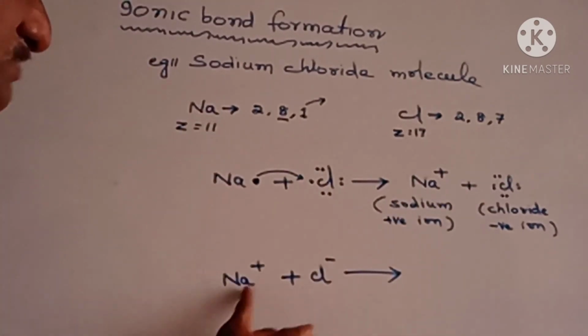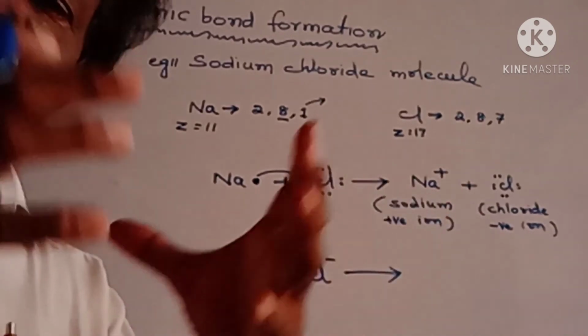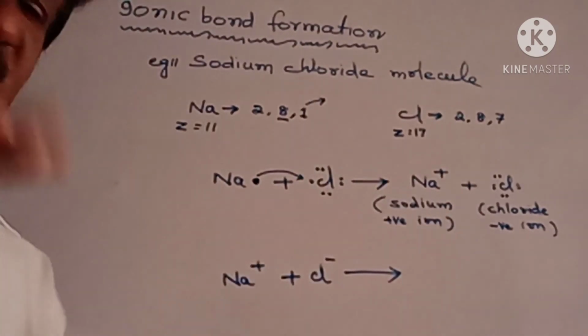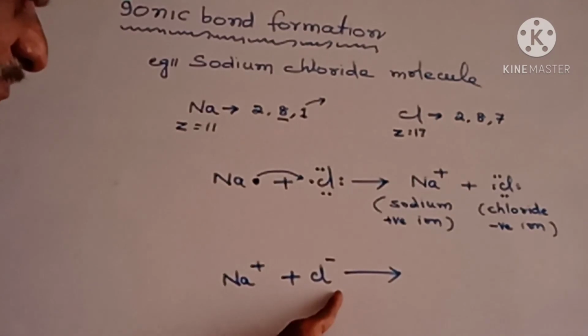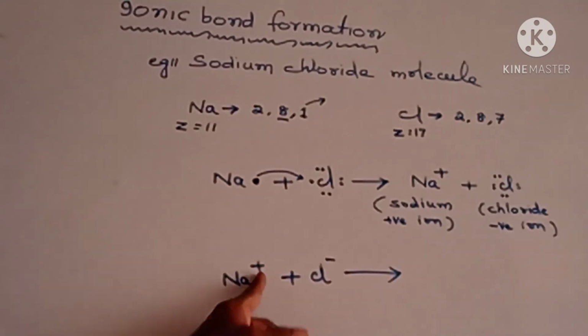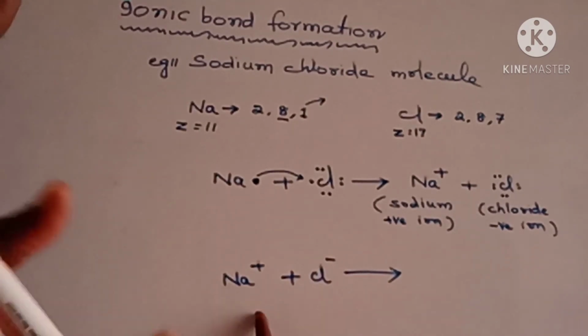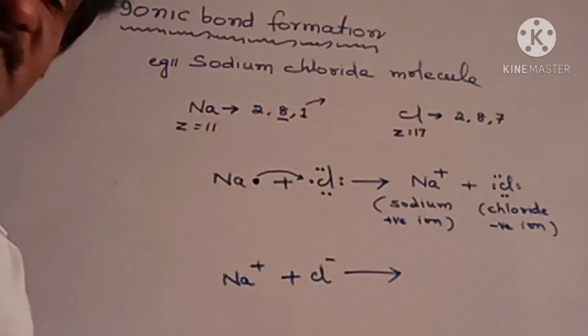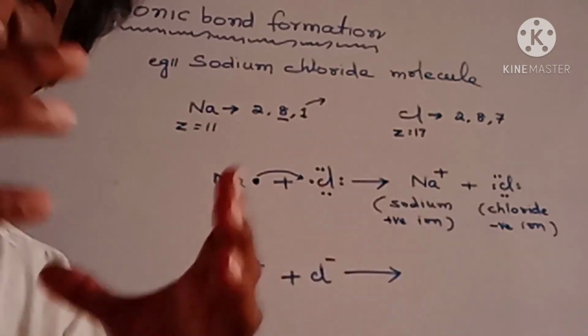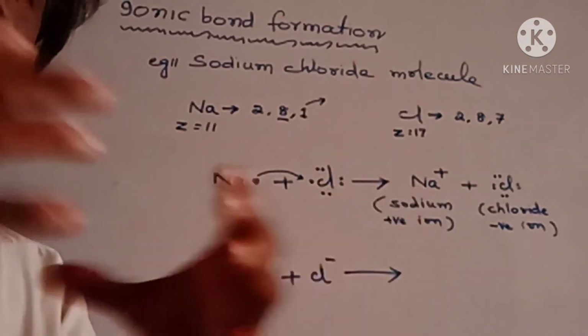So both ions are attracted by some force. Sodium has a positive ion and chlorine has a negative ion, both are quite opposite ions. Because of that, some force exists between them.